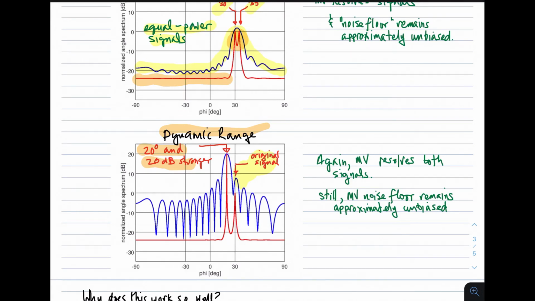What happens in MV processing is we get two sharp spikes, exactly what we'd hope to see, and furthermore, they have the correct peak levels. Here 0 dB and plus 20 dB. So once again, MV resolves both signals despite the 20 dB between the two signals, and still the MV noise floor is quite flat. We say approximately unbiased.